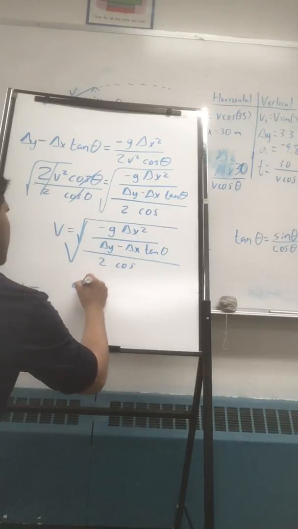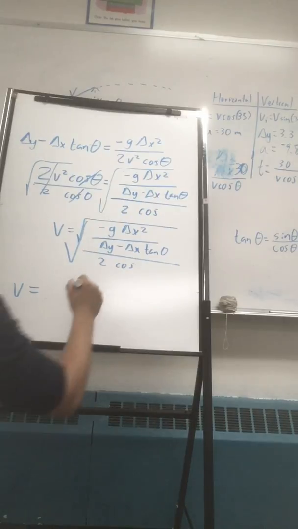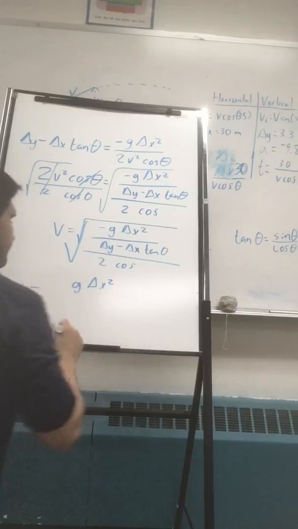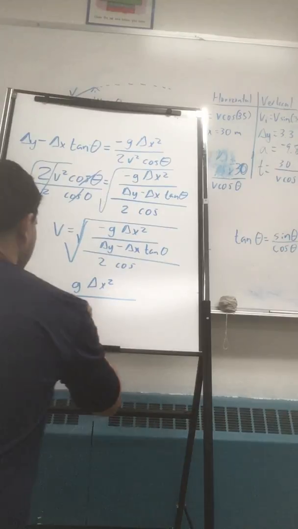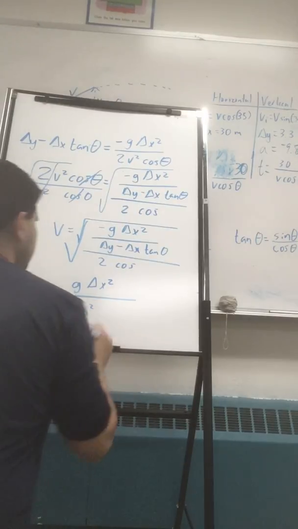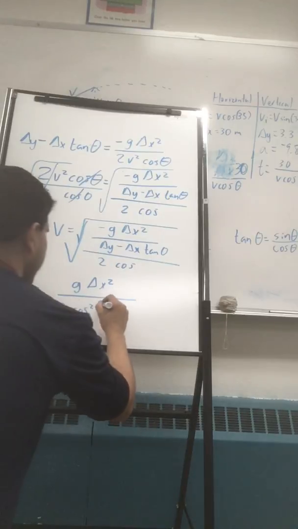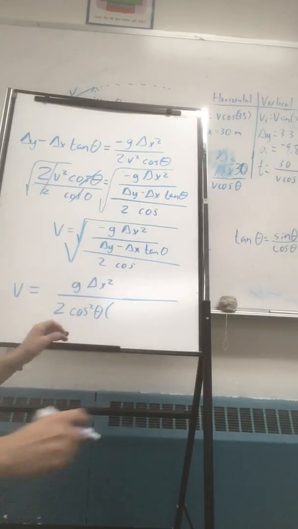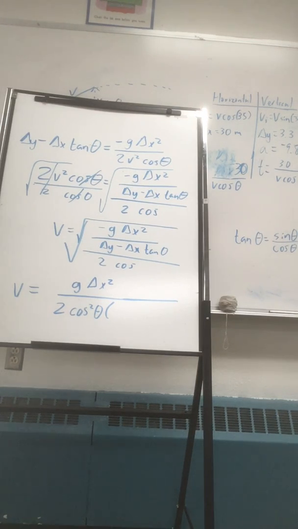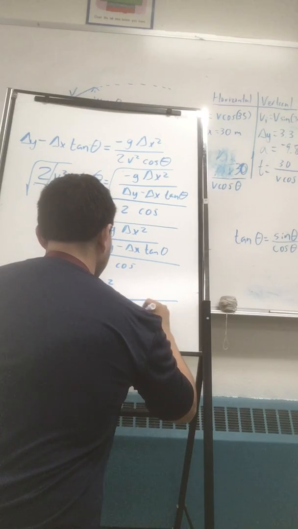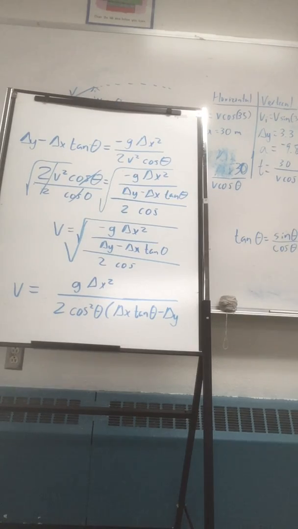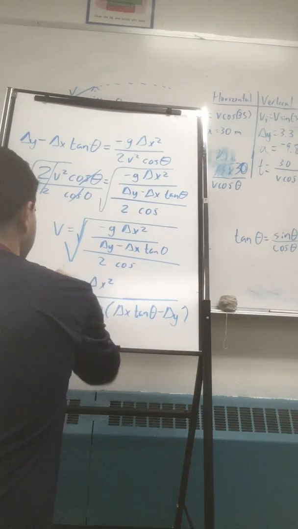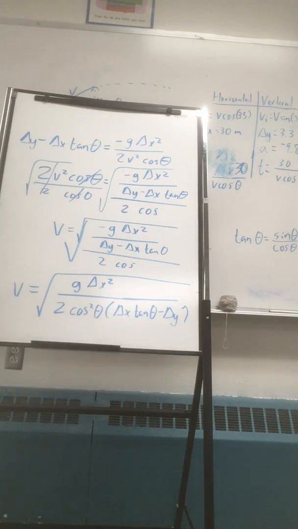I simplify, equals g change of x squared over 2 cosine squared, change of x tangent minus change in y. So this is the answer. This is how you get the velocity.